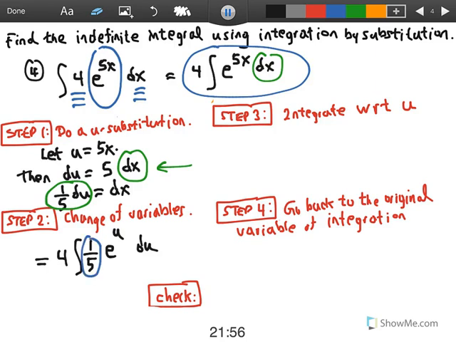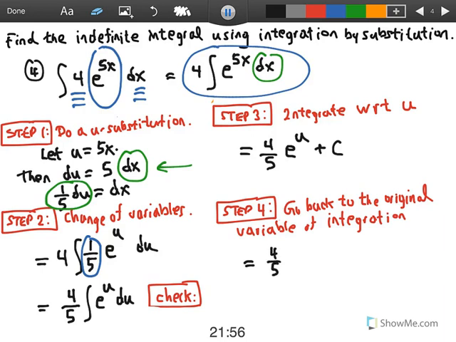The 1/5 is a constant, so we can factor it out, and it becomes 4 times 1/5 outside, or 4 over 5, times the indefinite integral of e to the u du. This is easy to integrate. The antiderivative is just e to the u multiplied by the constant 4/5 plus constant of integration c. And finally, step 4, go back to the original variable of integration simply by replacing u with 5x.